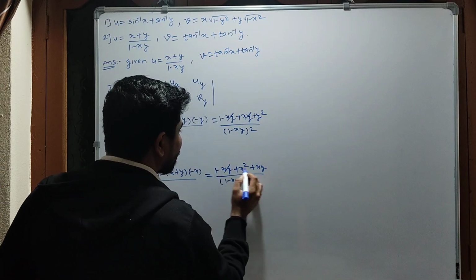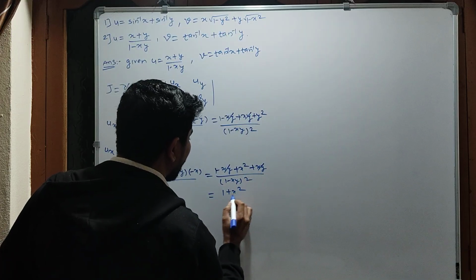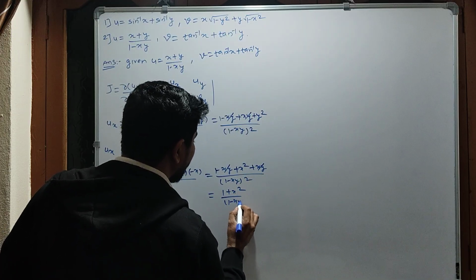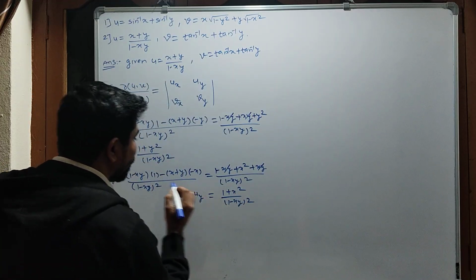This is (1 minus xy) plus x square plus xy, divided by (1 minus xy) whole square. The xy terms cancel, which is equal to (1 plus x square) by (1 minus xy) whole square. This is my uy.